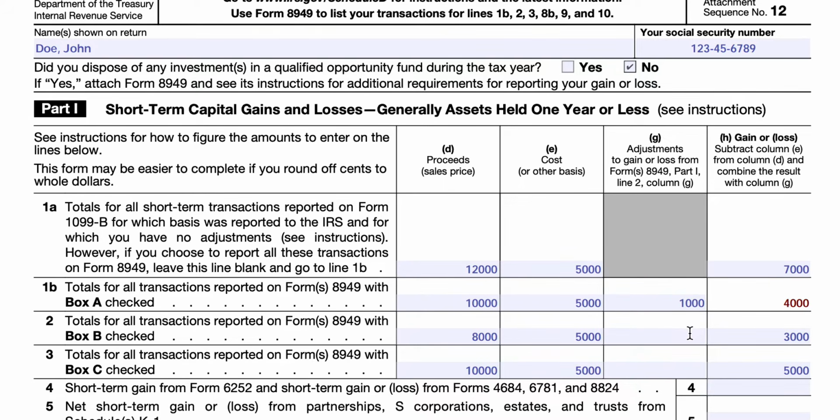Section 1256 contracts and schedules are reported on IRS Form 6781. And finally, like-kind exchanges are reported on IRS Form 8824.